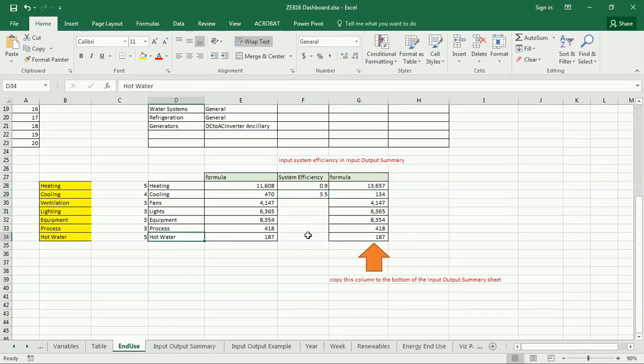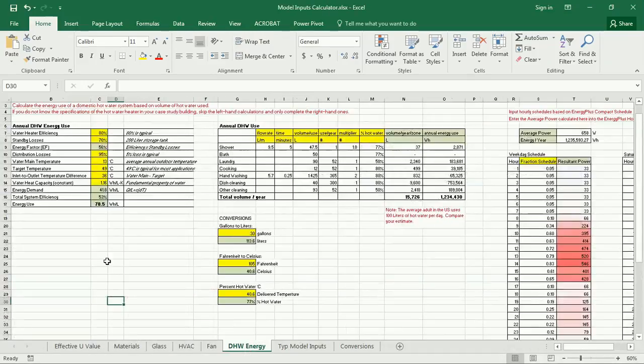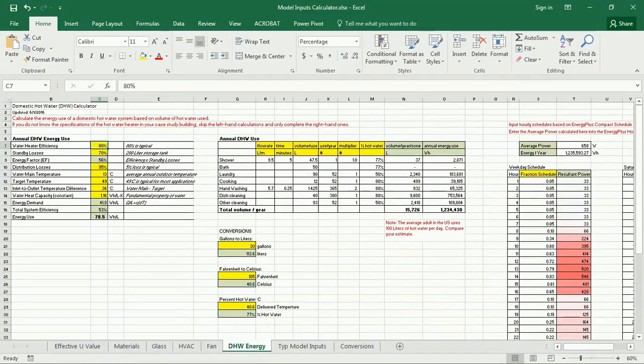For hot water, notice that I don't have a system efficiency here, and that is because if we go back to the Model Inputs Calculator, in domestic hot water, you will already have needed to account for that. So input your water heater efficiency here. What did I say for Astana?